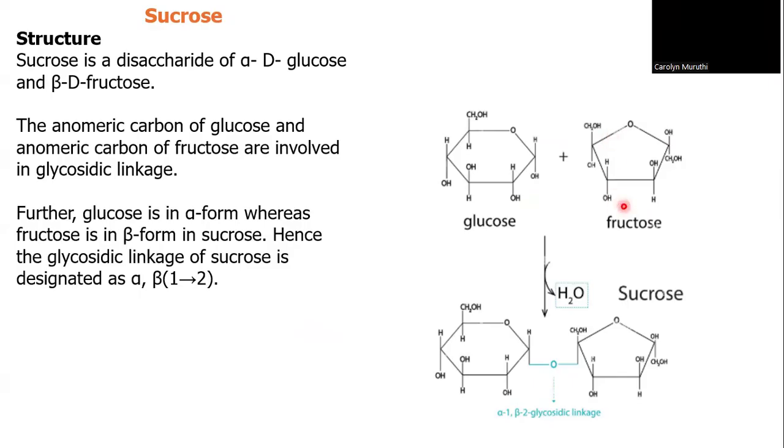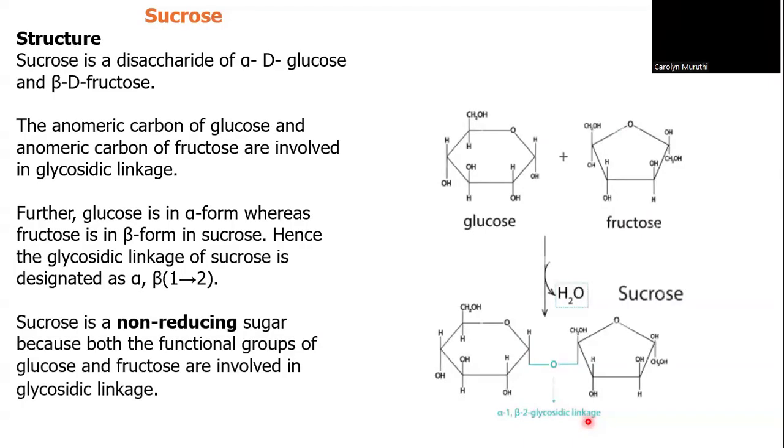And so the linkage will be designated as an alpha-1,beta-2 glycosidic linkage. Is it a reducing or non-reducing sugar? It is a non-reducing sugar because both of the anomeric carbons, or the functional groups, of glucose and fructose are involved in the glycosidic linkage, and therefore there is no free anomeric carbon which has a free aldehyde or ketone group.